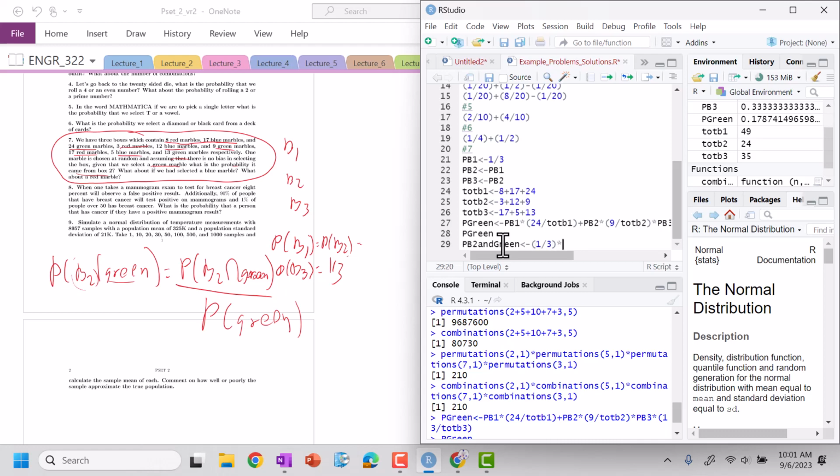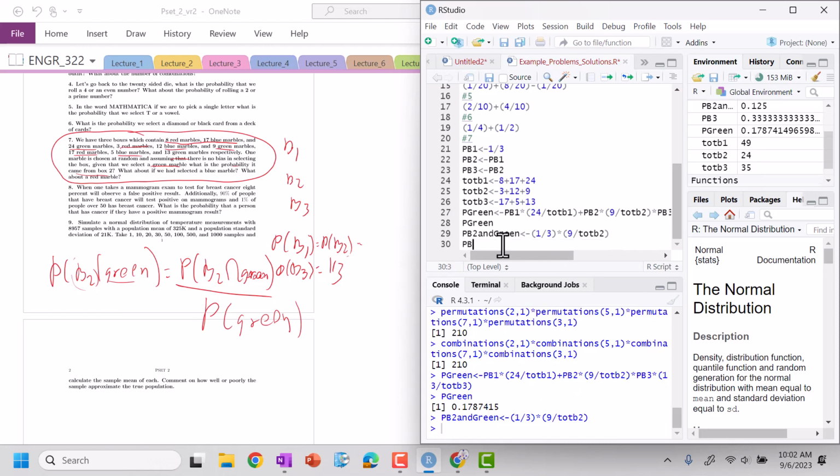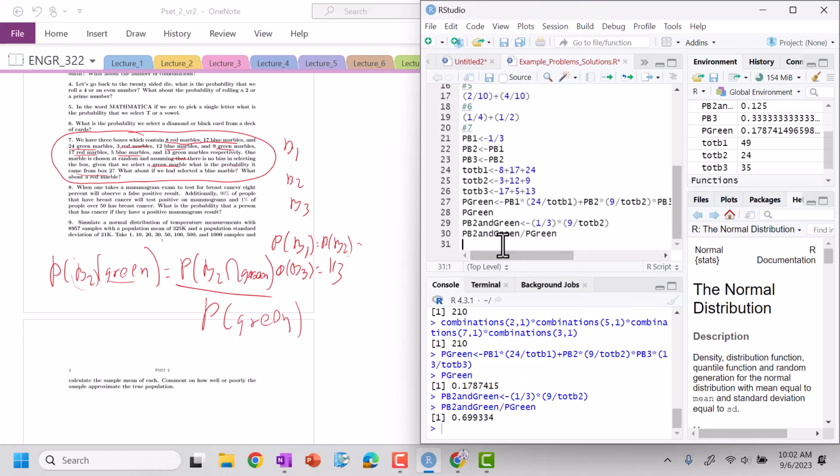And then once I pick box 2, that's an "and," so it's that same ratio, which will be 9 divided by tote B2. That would be the probability of B2 and green. So now I can do the probability of B2 and green divided by the probability of green. And there you go. That's my value.